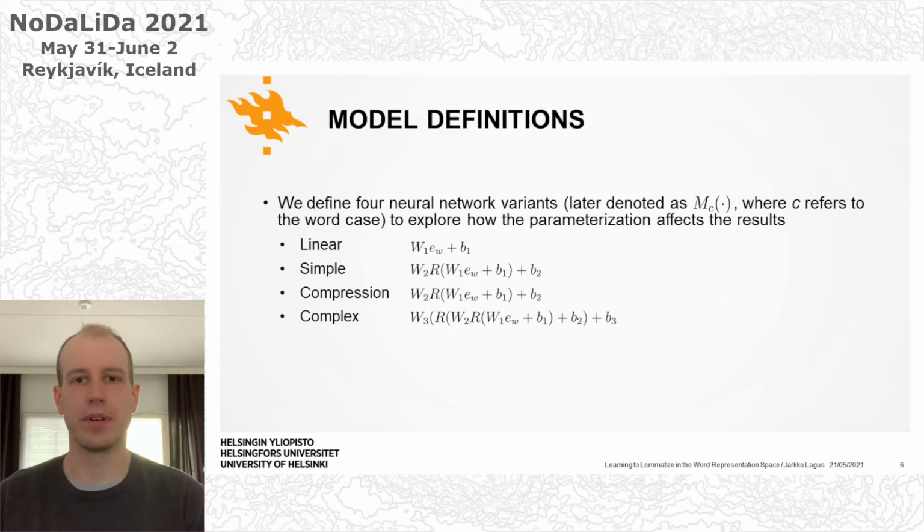Then we have the compression layer, which is identical to the simple one, but has fewer parameters than the word embedding dimensionality. And then we have the complex, where we have 3 layers and 2 activation functions, and in this case we used the ReLU activation function in all of these. Here the R stands for the ReLU activation function.